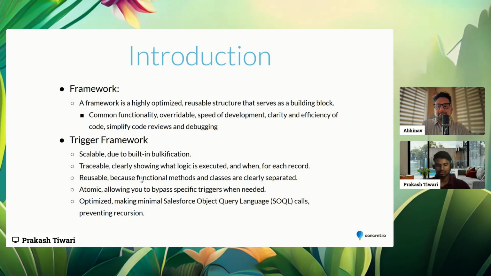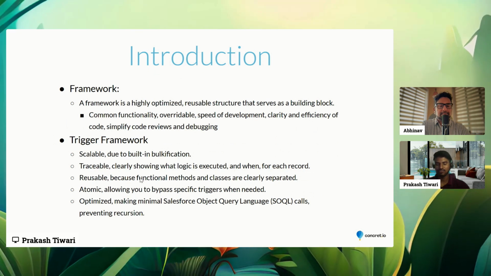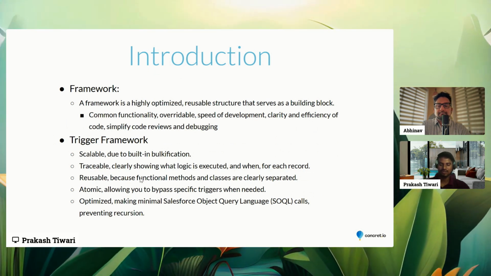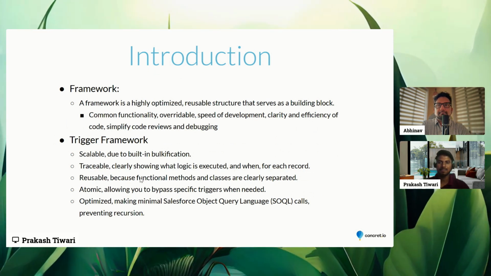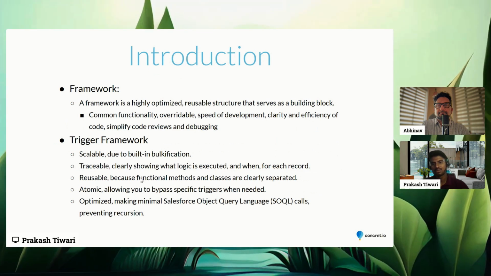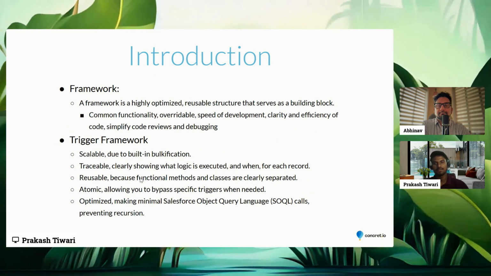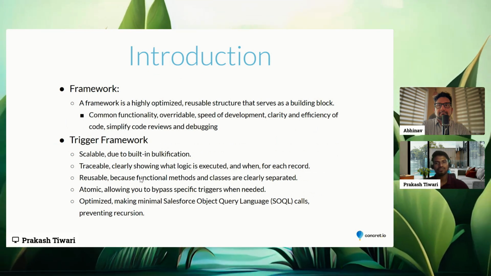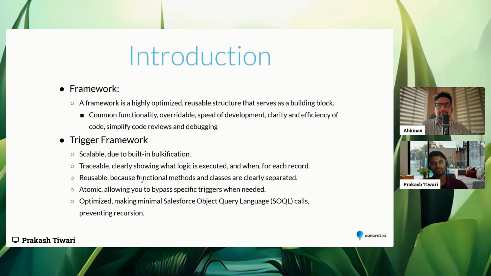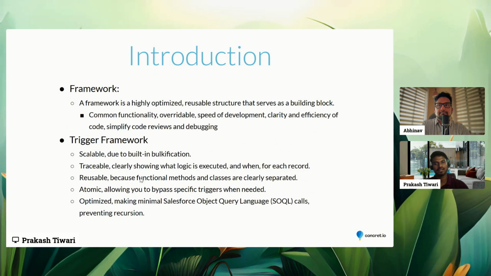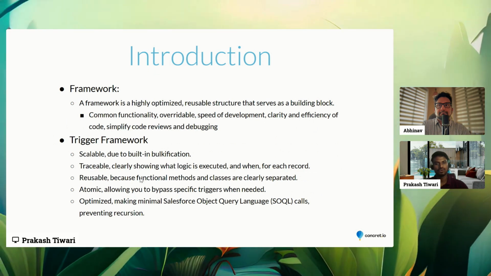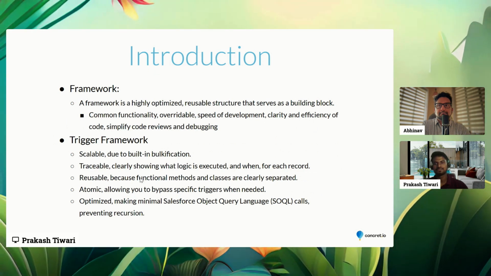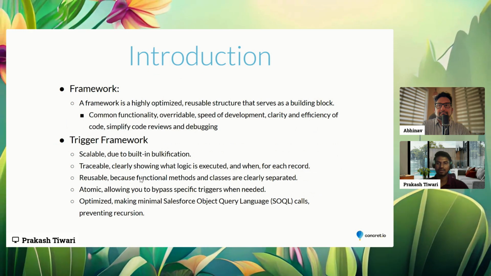So let's go to the trigger framework. Before that, as we all know about the Apex trigger, why do we need the Apex trigger in Salesforce? Often we come across complex business scenarios which we cannot do via flow or any non-programmatic way.